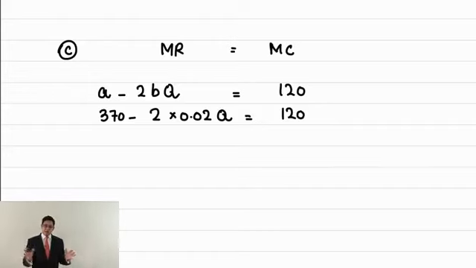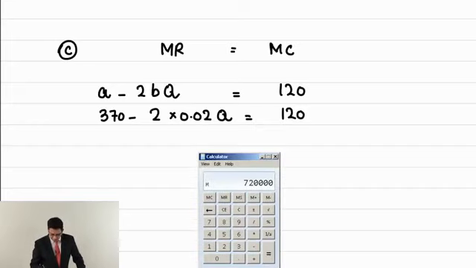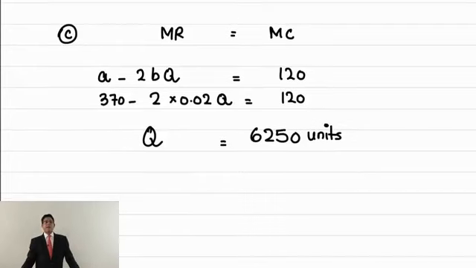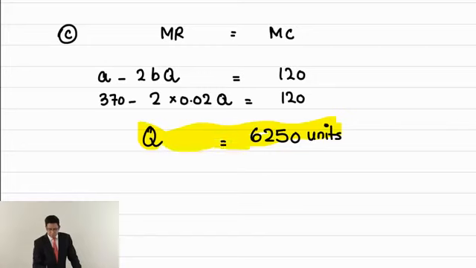Now let's play around with this and see what answer we get. We can use a calculator. So 370 minus 120 divided by 0.04, we get Q equals 6,250 units. Okay, so by equating MR and MC, we've got the optimum quantity, the most suitable quantity.